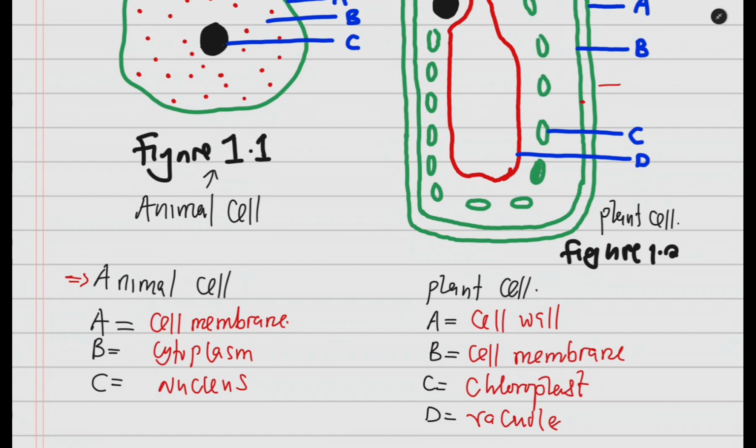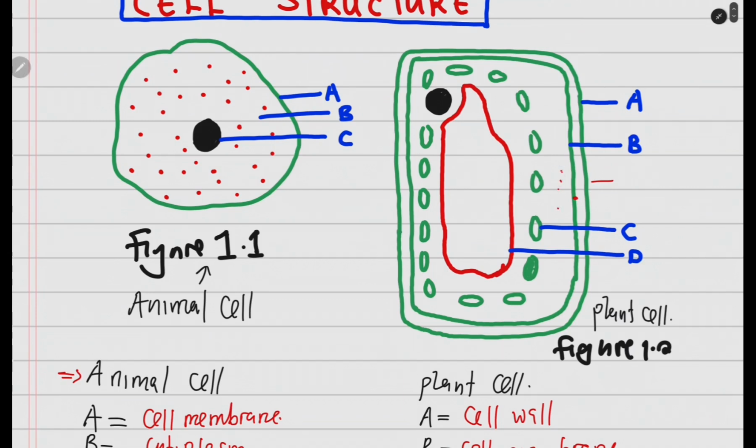But for a plant cell, you have the cell wall, you have the cell membrane, the chloroplast, as well as the vacuole. I guess I've forgotten one part with this plant cell.